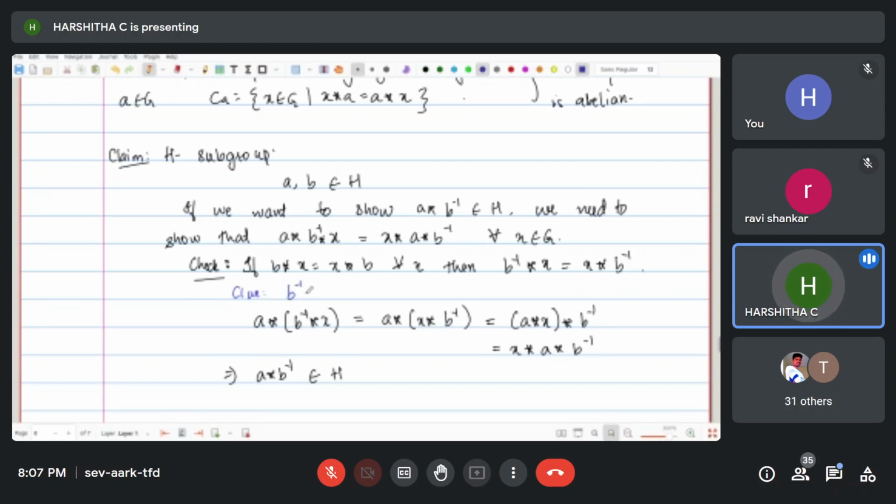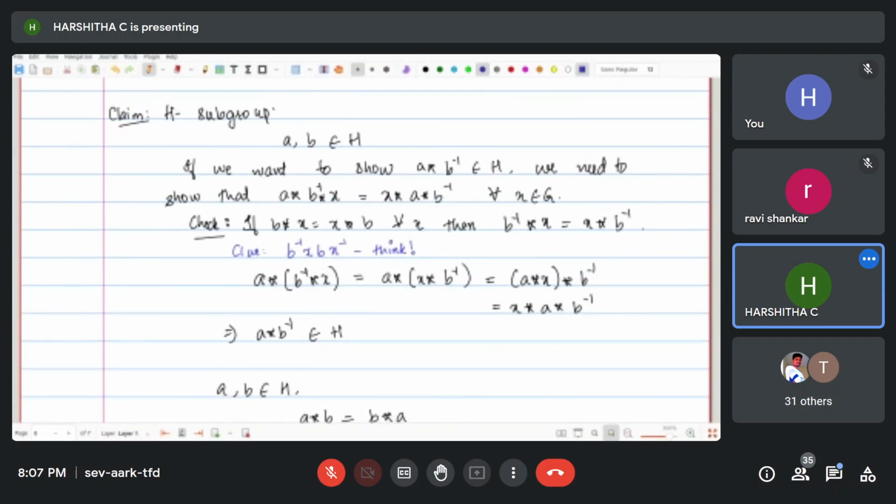Think about what happens to B X B inverse. No more questions?